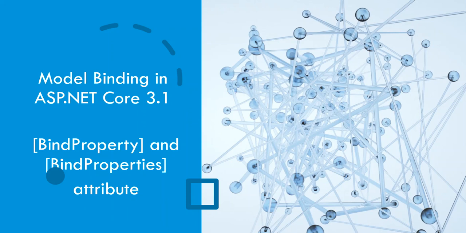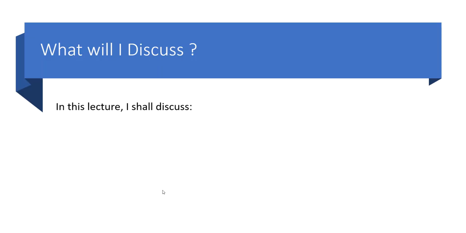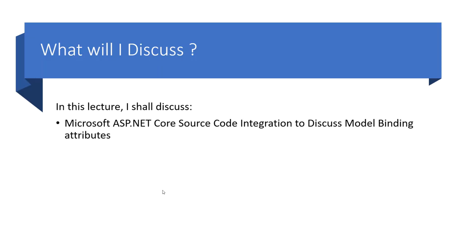Welcome everyone. Today we'll be continuing with our series on model binding in ASP.NET Core 3.1, and I'll be talking about a couple of properties which are essential: the BindProperty and BindProperties attributes. What I want to discuss today is the ASP.NET Core source code integration for model binding attributes.